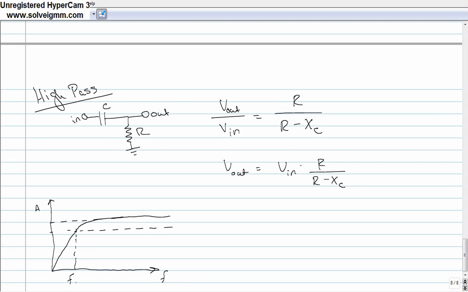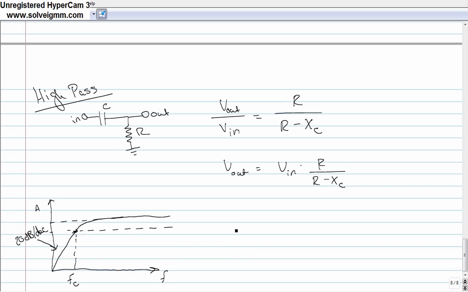Here's your FC, and it again occurs, if you're moving from left to right, at the end of the constant slope. In this case, the constant slope is exactly the same, just with a different sign. In this case, it's 20 dB per decade. I'm just going to abbreviate that DEC. And so it looks like that.